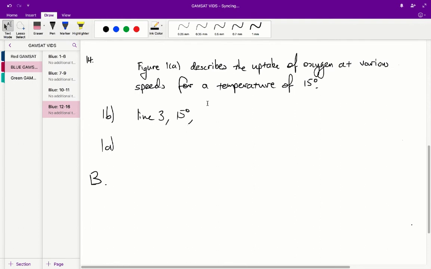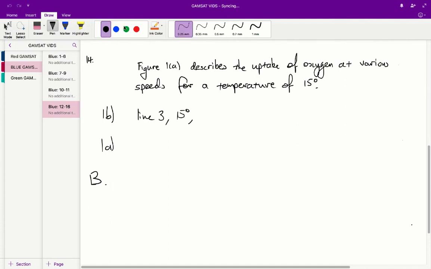The most important fact to know for question 14 is that figure 1a describes the uptake of oxygen at various speeds for a temperature of 15 degrees. So if you take a quick look at figure 1b, if we firstly look at line 3 and set the temperature value to 15 degrees, you'll find that the uptake of oxygen value is 300.